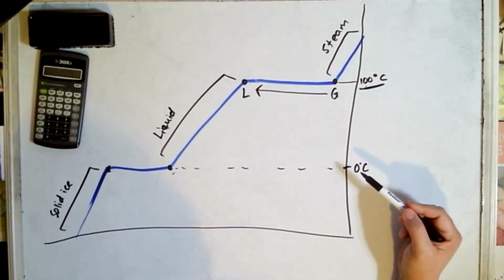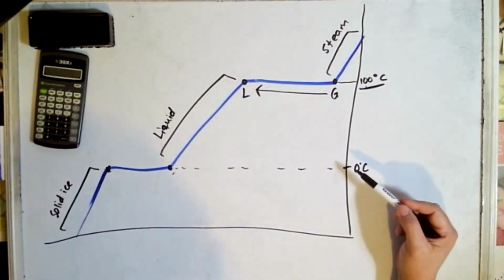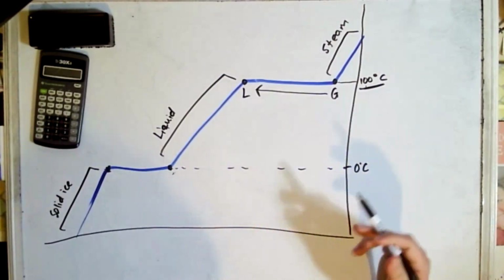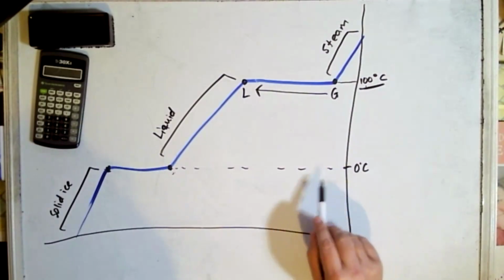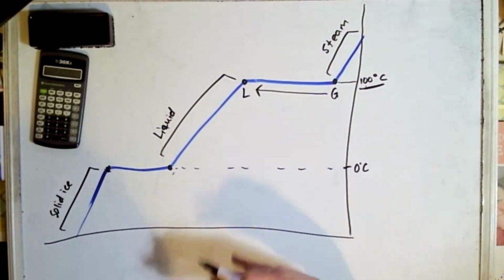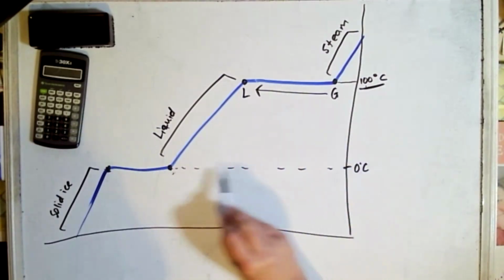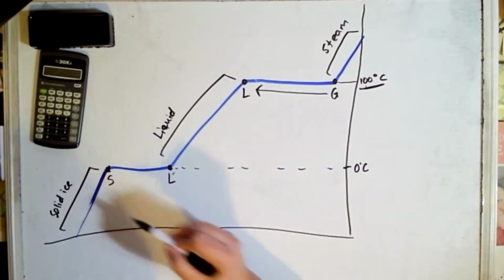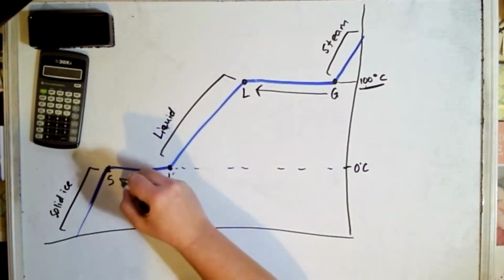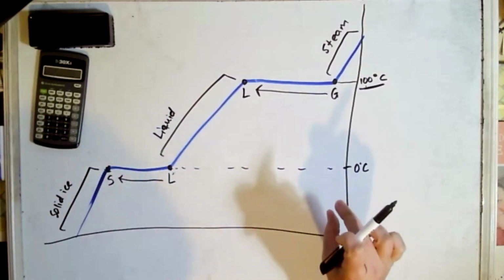The second question says, at a temperature of 0 degrees Celsius, what happens to liquid water? At a temperature of 0 degrees Celsius on the cooling curve, that means that we're still removing heat from it. At 0 degrees Celsius, our liquid water is going to turn into a solid. Okay, and that process is called freezing.